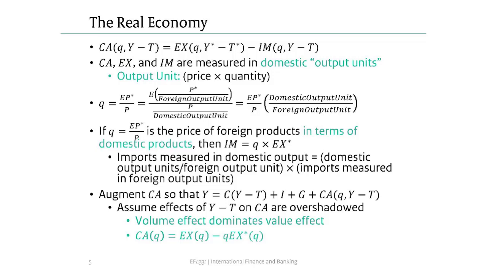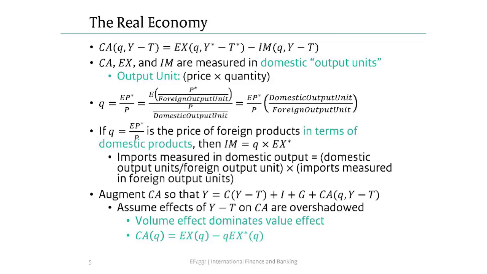And you'll see that Q can be interpreted as the domestic output unit per foreign output unit, priced in domestic output units. Yes? So this is another way of thinking about what Q really represents. While it is a price ratio, it's also pricing something, right?